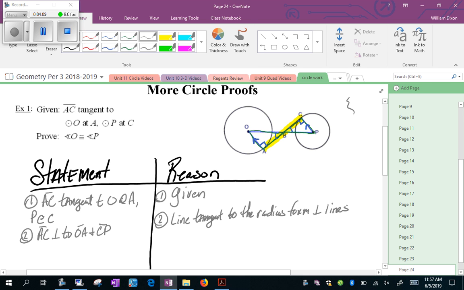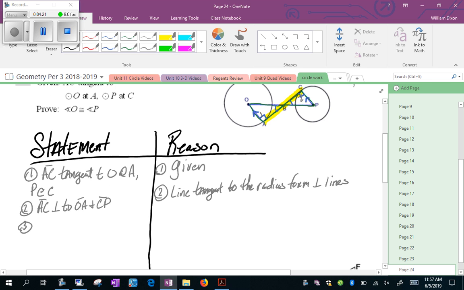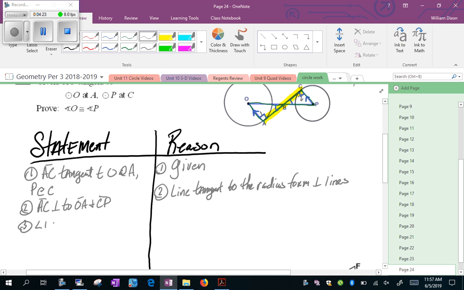Okay, I should also write that angle, I'm going to do a 1 and a 2 just to make it easier. Angle 1 and angle 2 are right angles. And 3, that's definition of perpendicular lines. And then 4, angle 1 is congruent to angle 2. Right angles are congruent.